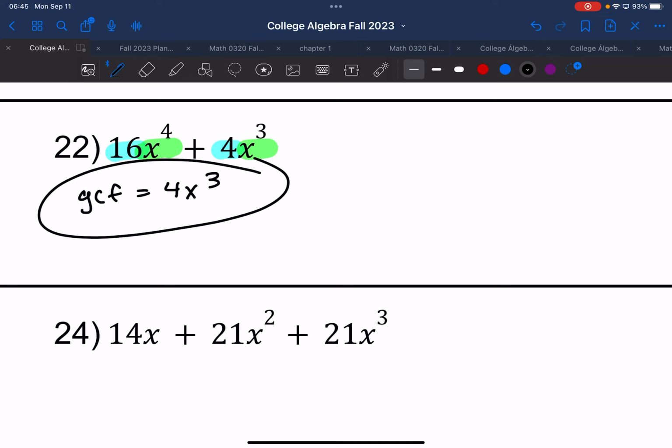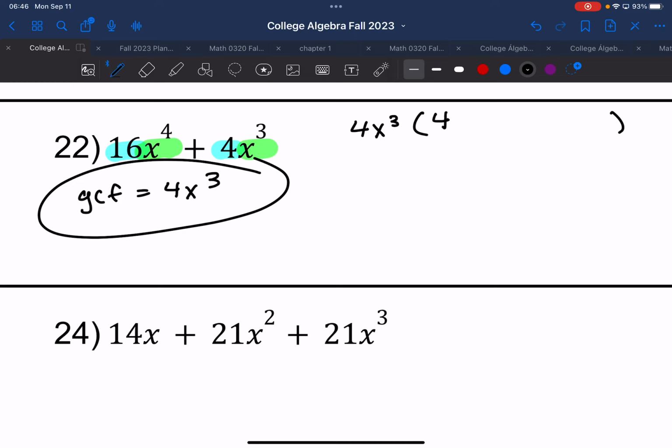Okay, so this is just the GCF. Now we need to factor out that GCF. We're going to take that 4x cubed, and then write parentheses after it. With that GCF, we're going to divide each of the terms by the GCF. Starting with the first term, 16x to the 4th, we divide 16 by 4, and we get 4.